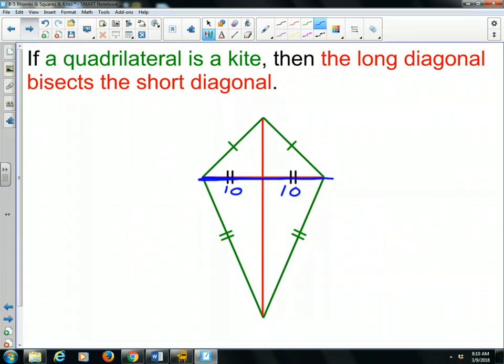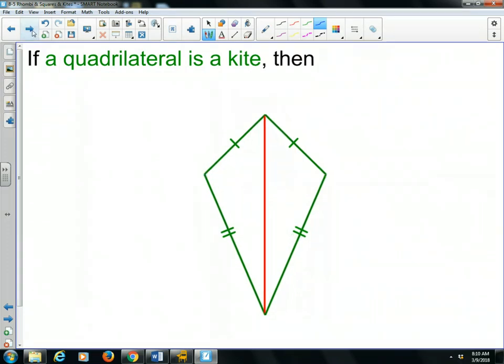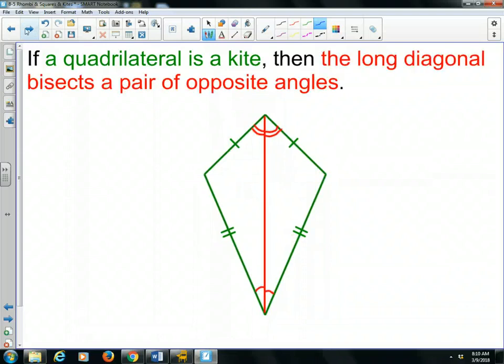Not only is it a segment bisector, but we also find that the longer diagonal is also an angle bisector. The longer diagonal bisects a pair of opposite angles. So if this angle right over here is 60 degrees, then each half of the angle is 30. So the longer diagonal in a kite is a segment bisector. The shorter diagonal is also an angle bisector.